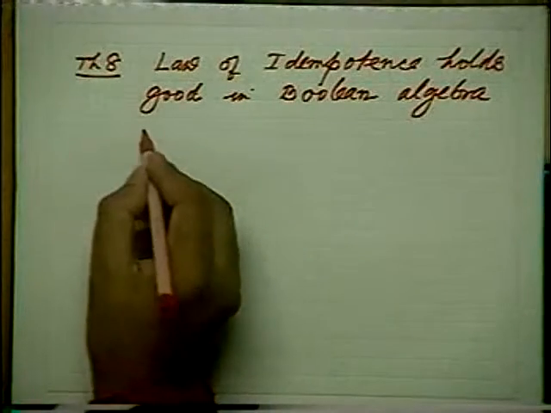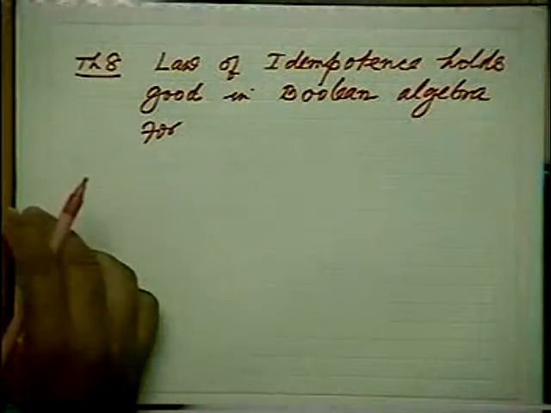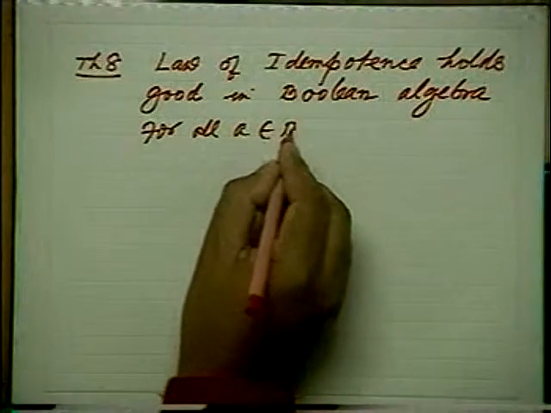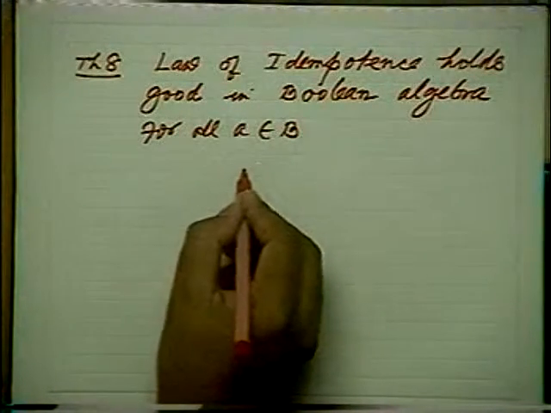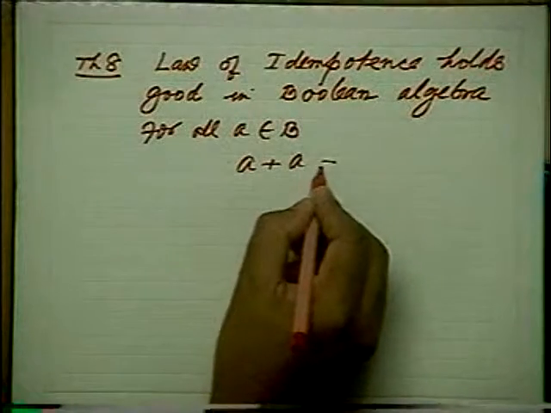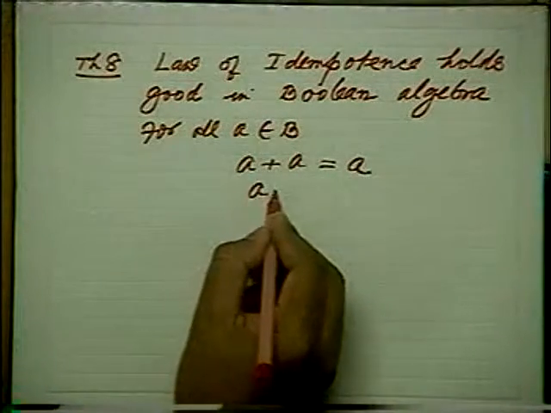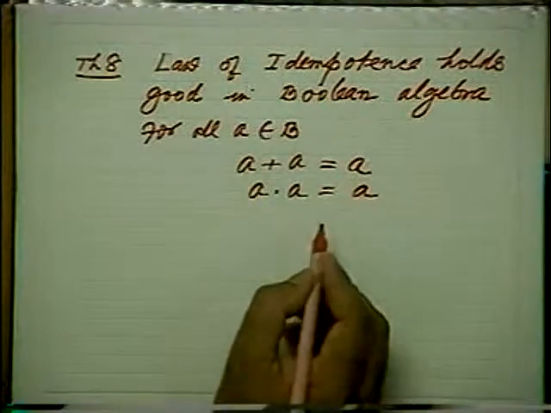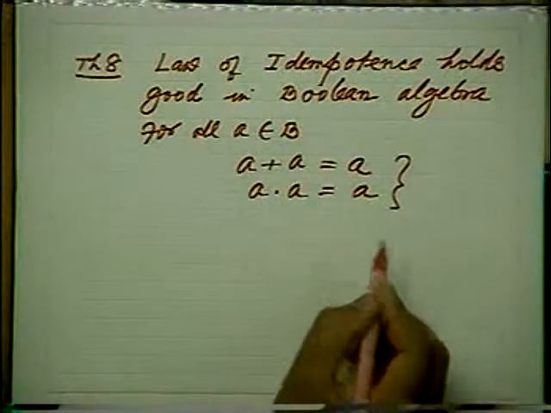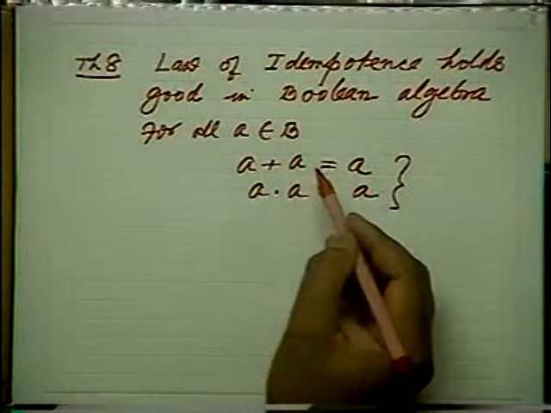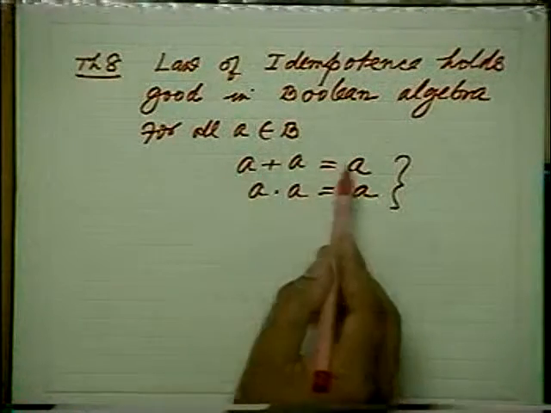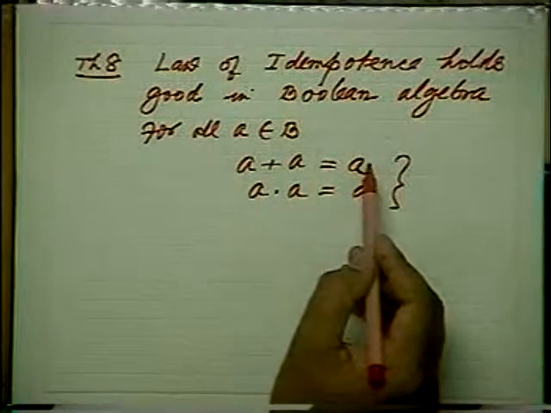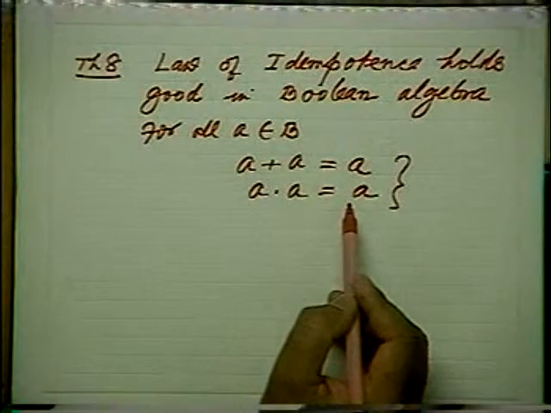That means for all A contained in B, A plus A is equal to A dot A is equal to A. Once more you see that everywhere it's a dual statement. If this statement is true, the dual statement is true. Is it okay?